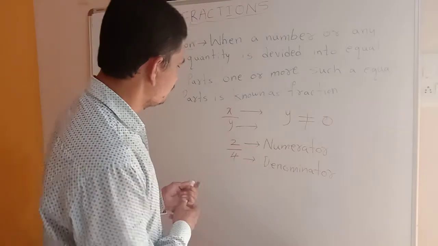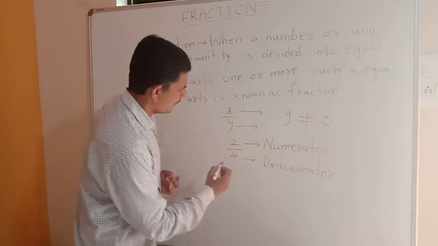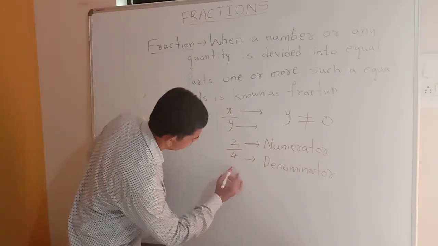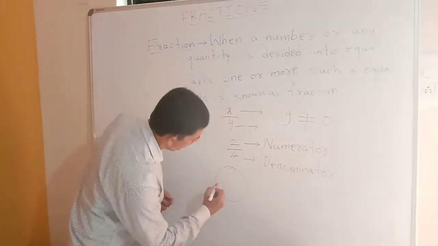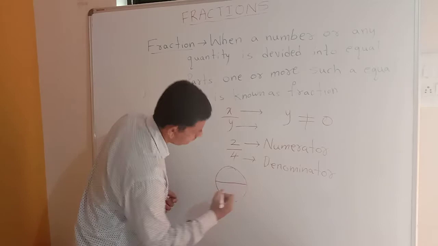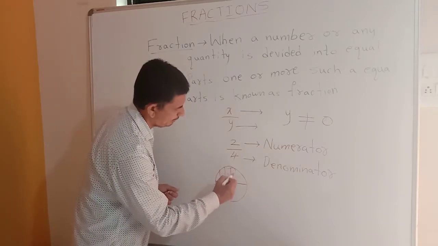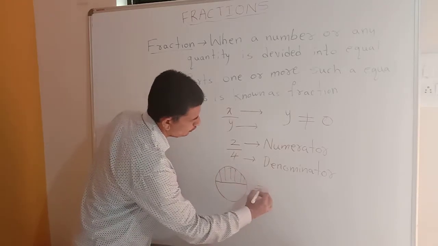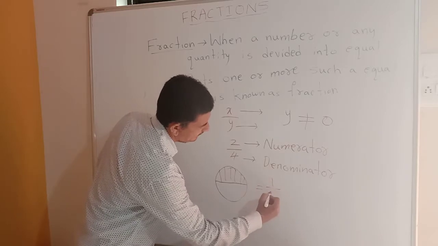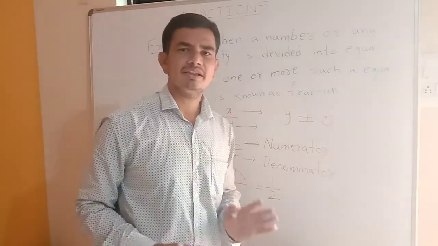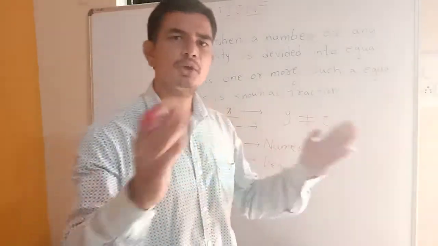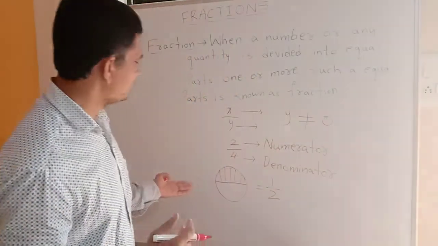I will show you how we can divide and how we can write. For example, if one circle is there and we divide it into two equal parts and color one part, you can write it as 1 by 2, because the whole circle was divided into two equal parts, it becomes half.